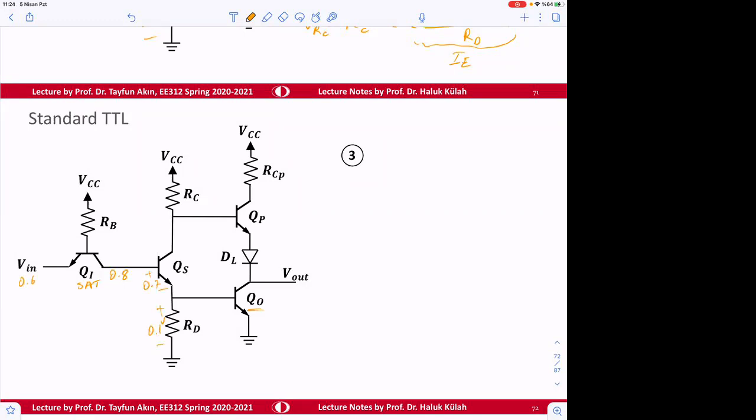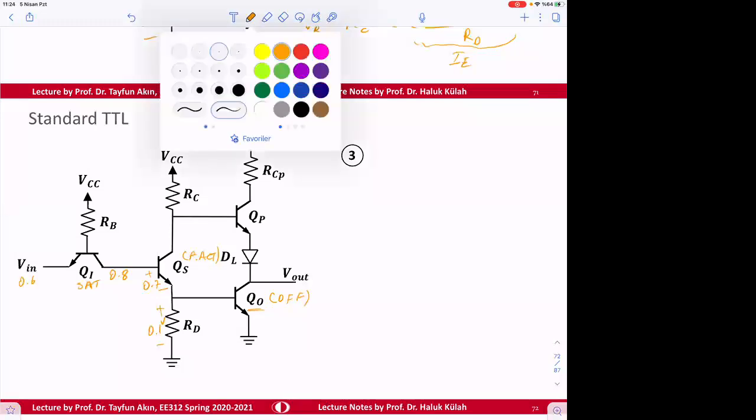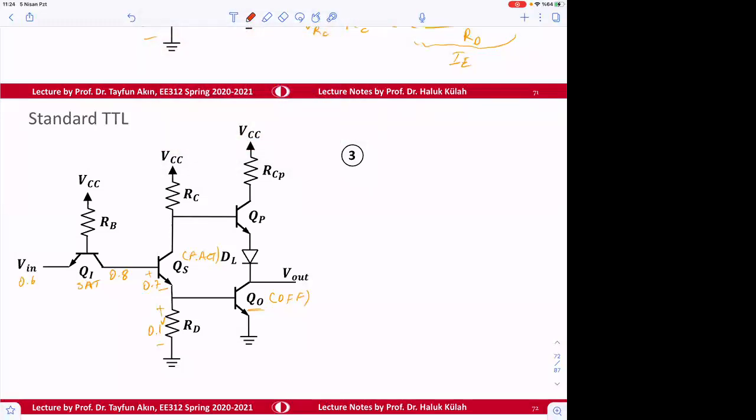This is off, and this was in forward active. If we keep increasing the voltage to 0.6, this becomes 0.2.